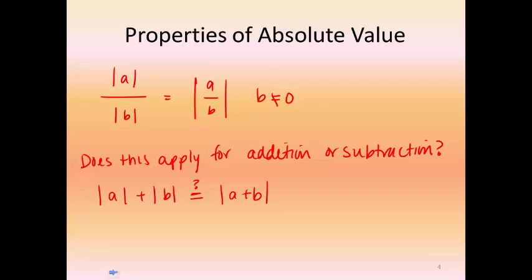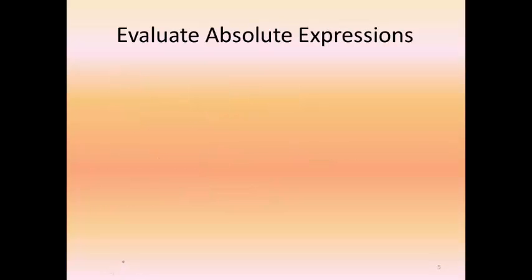All right. Now we're going to take a look at evaluating some absolute value expressions. For this, I'm going to use x equals -6 and y equals +10. I'm going to give you two expressions and we're going to evaluate them. So I'm going to have the absolute value of 2x minus 3y. This entire quantity is in the absolute value, which means we have to work within and then do the absolute value of it. It's like it's a grouping symbol. I have to take care of what's inside, kind of like parentheses.